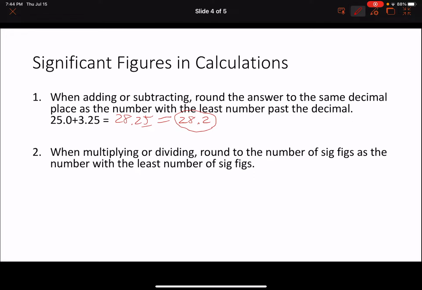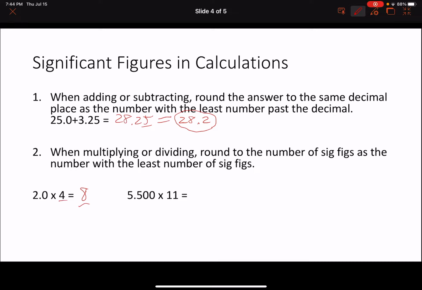And then when you're multiplying, you want to round the final number to the same number of significant figures as the number with the least number of significant figures. So here we have 2 examples. We have 2 times 4, that's 8. It would be 8.0 if we counted 2, but since that only has 1, we only have 1 here.